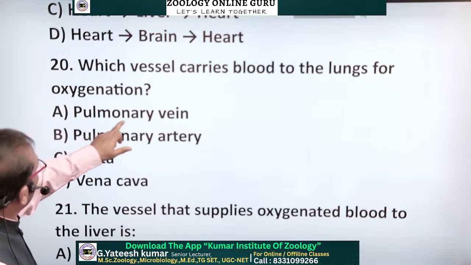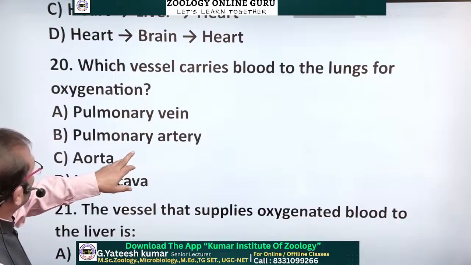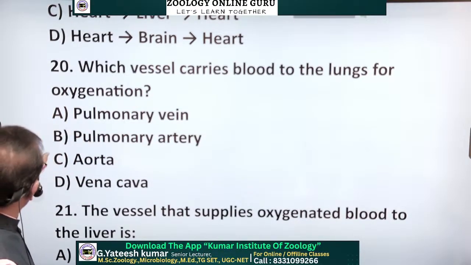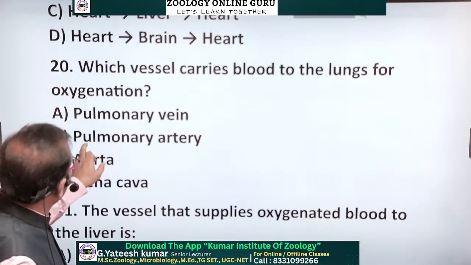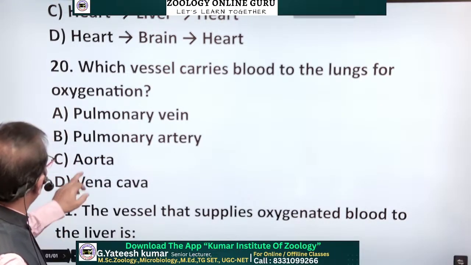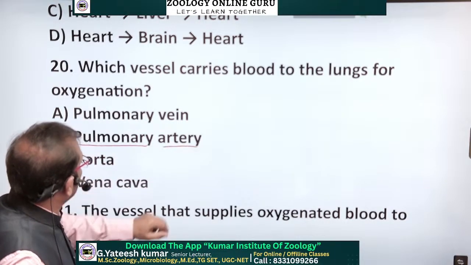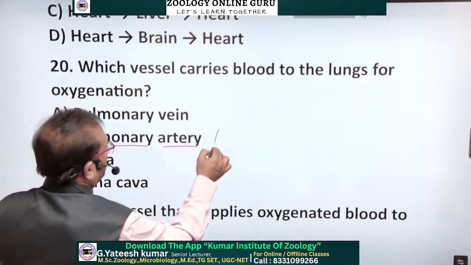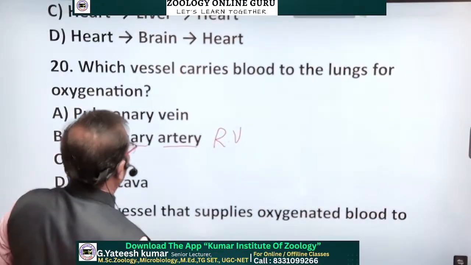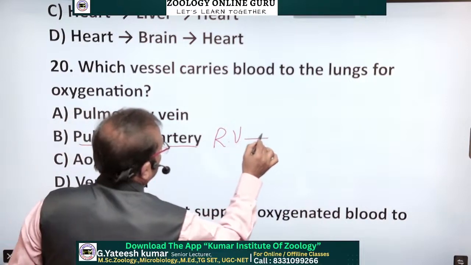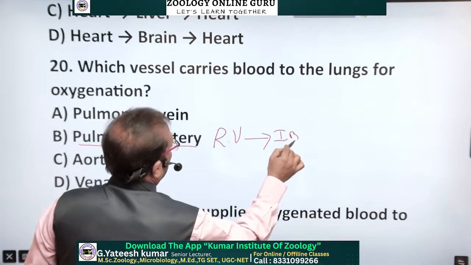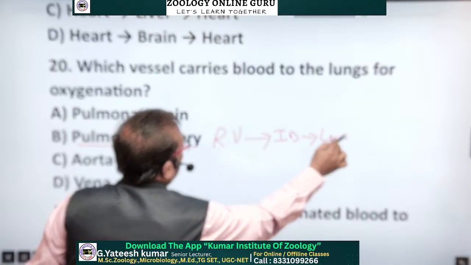Pulmonary vein, from the lungs to the heart, carries pure blood. Pulmonary artery, yes, it comes from the right ventricle. From the right ventricle, it transfers the impure blood to the lungs.